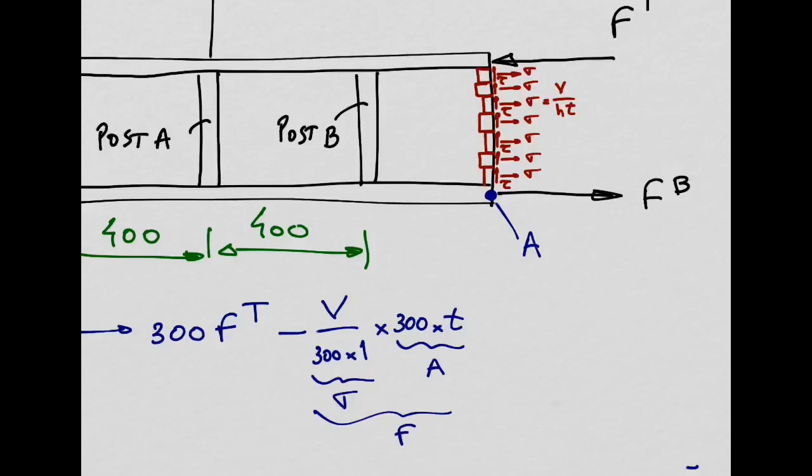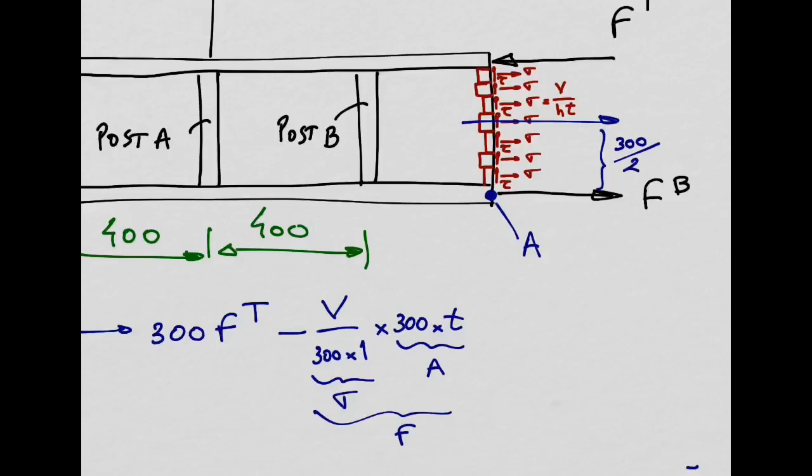Yeah. But I'm using the moment equation, right? So I need to multiply this force by a distance to get the moment, right? And that distance, you remember when we did in year 1 those beams with distributed loads? I said the equivalent force is located at the centroid. Yeah? So in this case, the equivalent force we can say is going to be located at this distance, which is going to be 300 over 2.